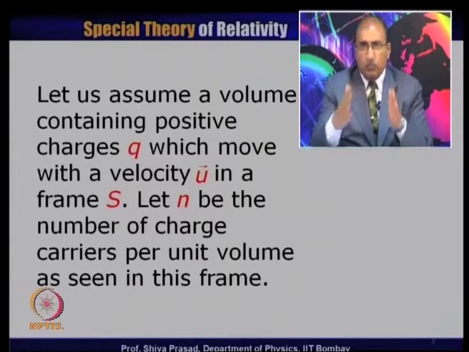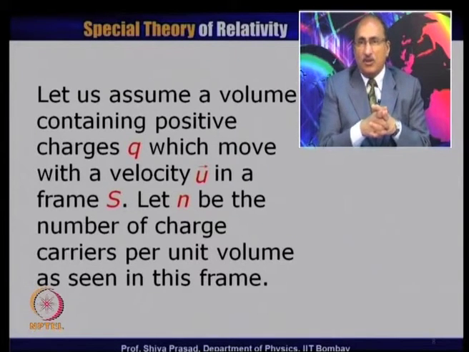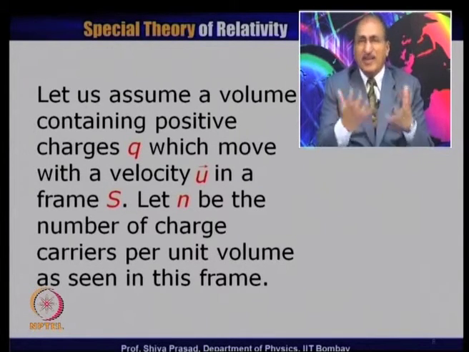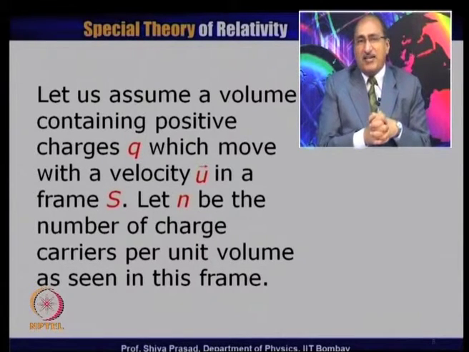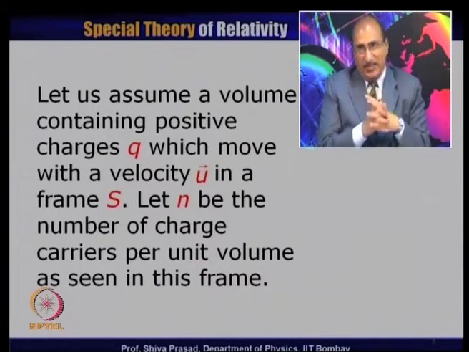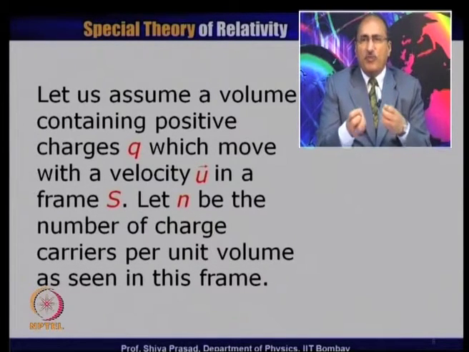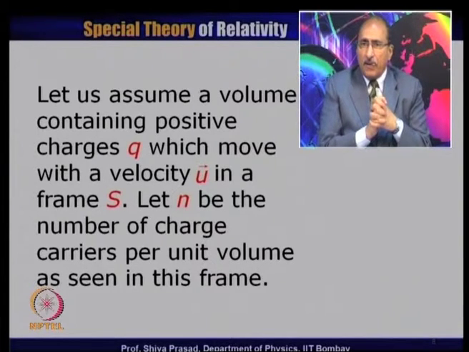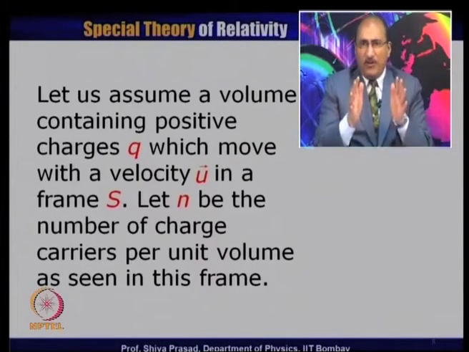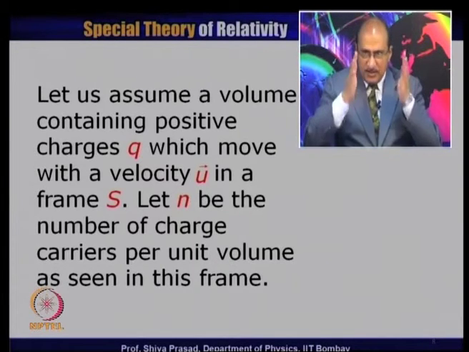Obviously, when these charges move in a particular direction, this will constitute current or eventually current density. Let n be the number of charge carriers per unit volume as seen in this frame. We have just now said that this n is also likely to be frame dependent. I will discuss this point in more detail a little later. So, we have a frame, and as we have always been telling, we have to be consistent in our frame.